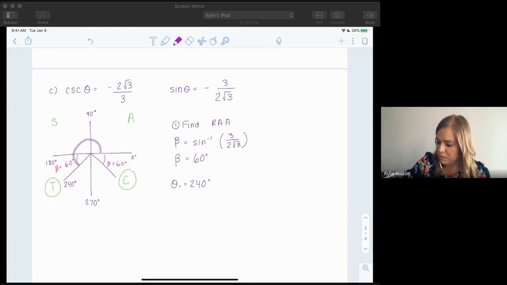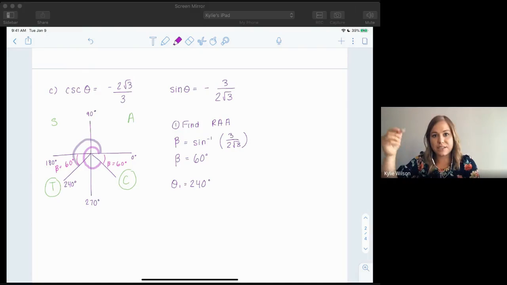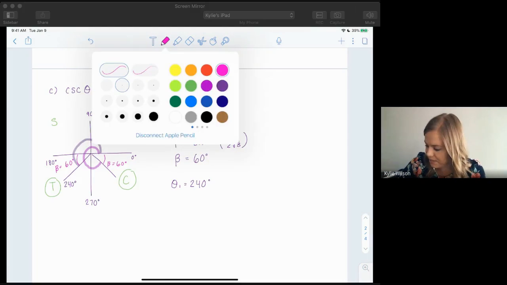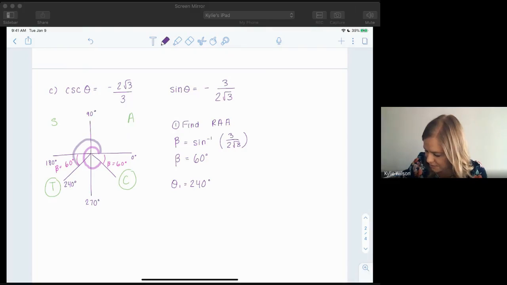So again, we start at 0, past 90, past 180, past 270, all the way to here. And where I end up is 60 from 360. So 360 backwards 60 degrees. So this would be 300 degrees.